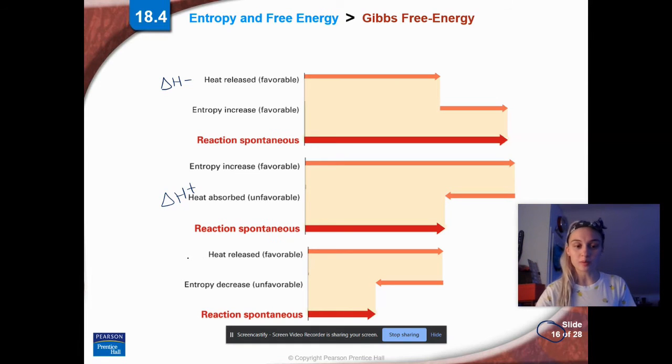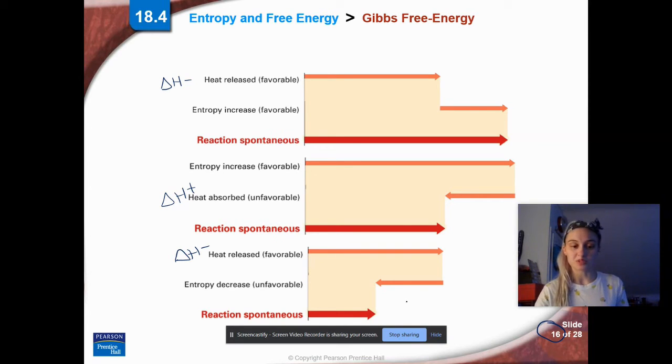And here, remember, delta H is negative if heat's being released, and that is favorable, but the entropy decreasing is not favorable. So in this top one, we have two favorable variables, and so we will get a very spontaneous reaction. Here we have one favorable and one unfavorable, so we'll still get a spontaneous reaction. And here we have one favorable and one unfavorable again, but they're switched.